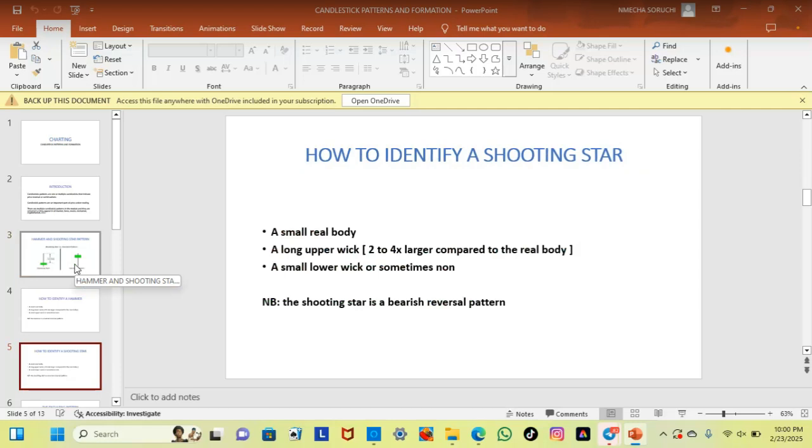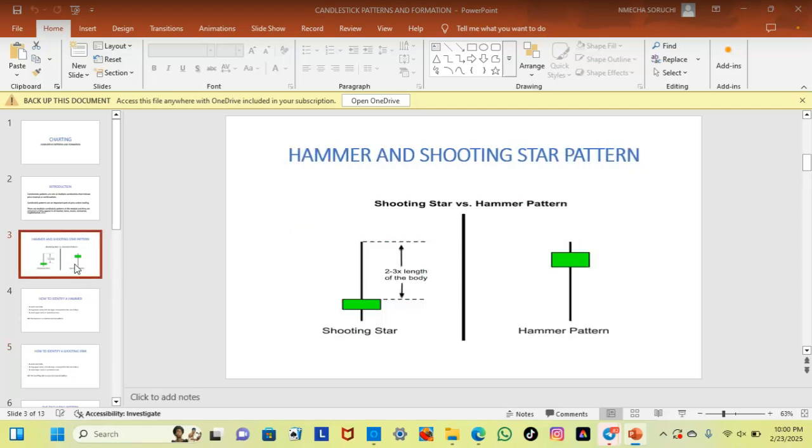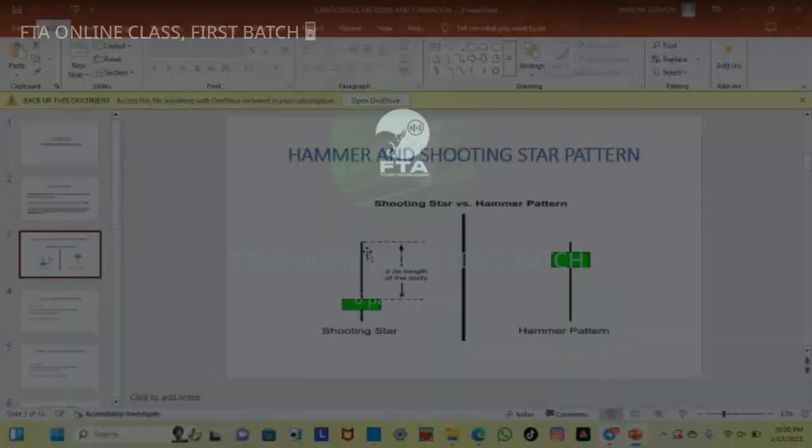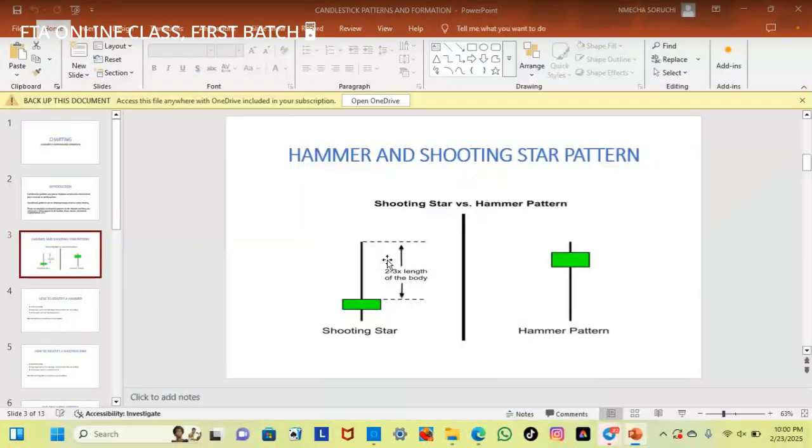I believe you are seeing my mouse, which is what you can see here. Secondly, it has a large upper wick. See that it is the opposite of the hammer pattern. The hammer pattern has a large lower wick, while the shooting star has a large upper wick, and it has a small lower wick, or sometimes none.